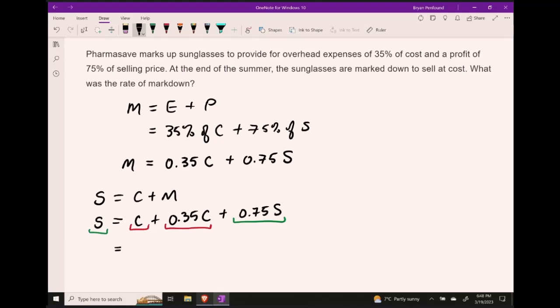We have 1C plus 0.35C is 1.35C. And moving our positive 0.75S over to the other side is going to result in a subtraction. And one take away 0.75 is 0.25. So we know that 0.25S should be equal to 1.35C.